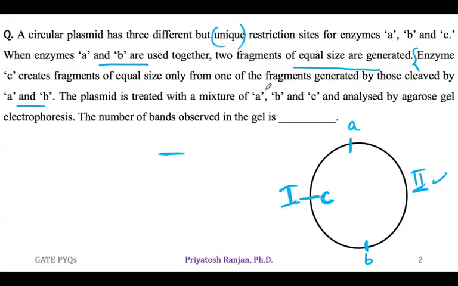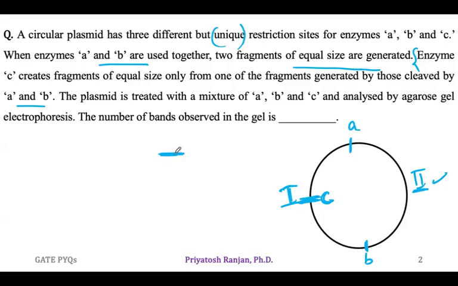But the information given here is that C also creates fragments of equal size. When I say equal size, it is because it is cleaving this fragment somewhere in between, resulting in the generation of fragments which are of identical molecular weight. So even if there are 4 or 5 or 6 DNA fragments, if all those fragments carry the same molecular weight, they are going to appear as a single band.